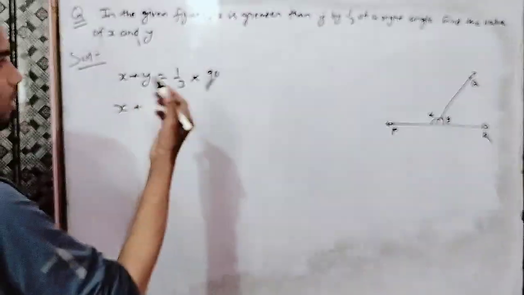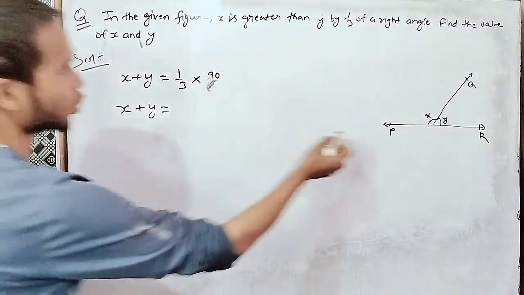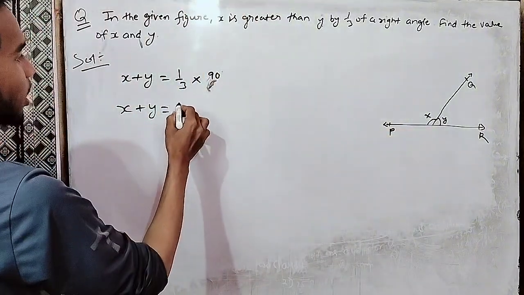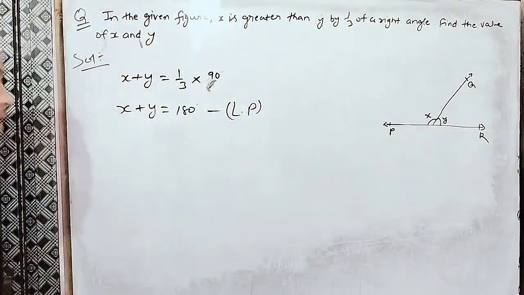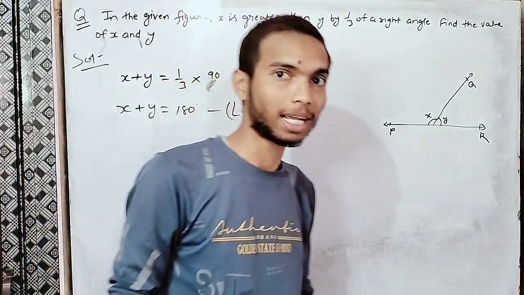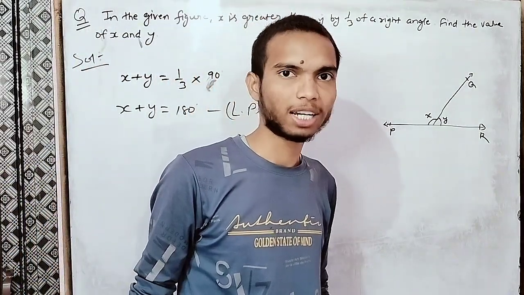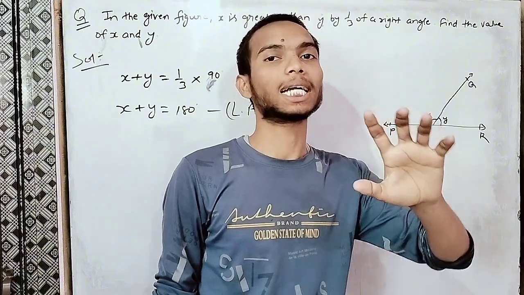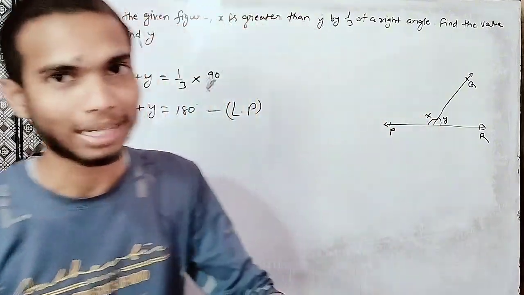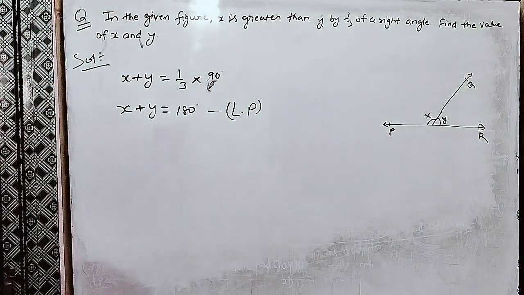So we have the next equation, and we can say this is a linear pair. Otherwise you can say PR is a straight line, which means PR is making a 180 degree angle.